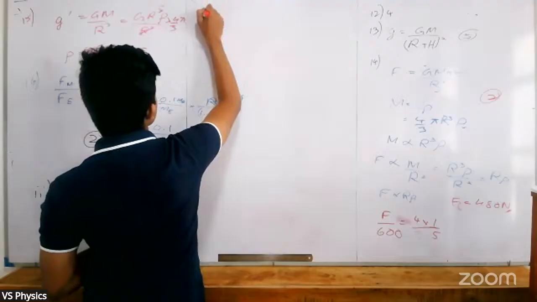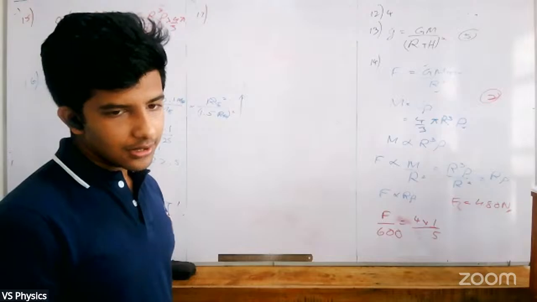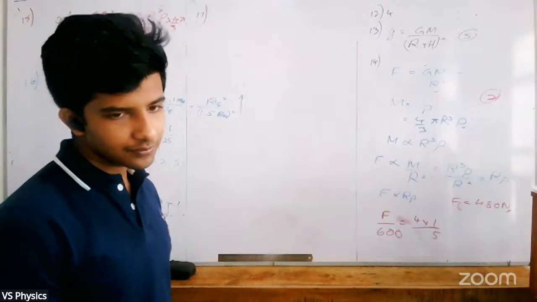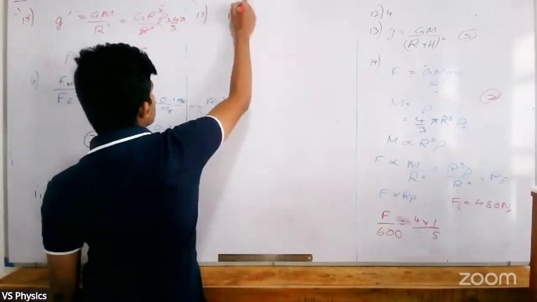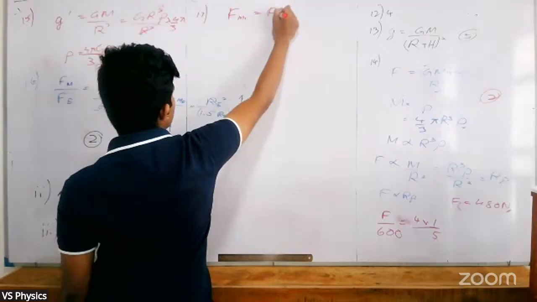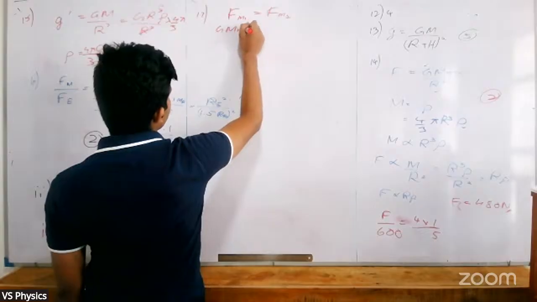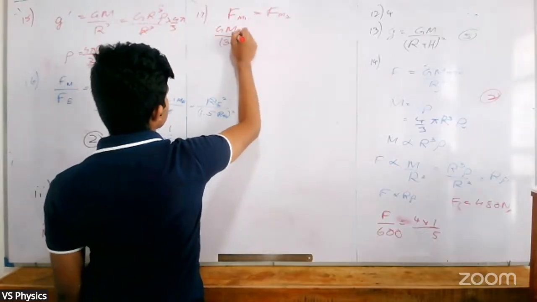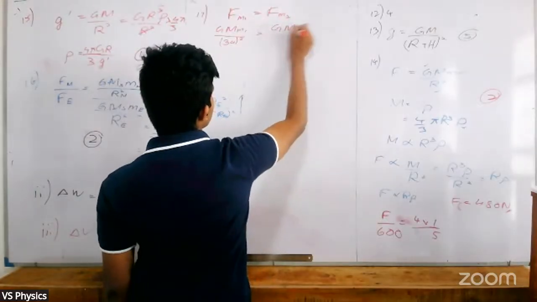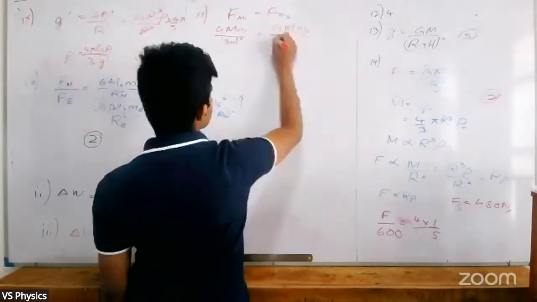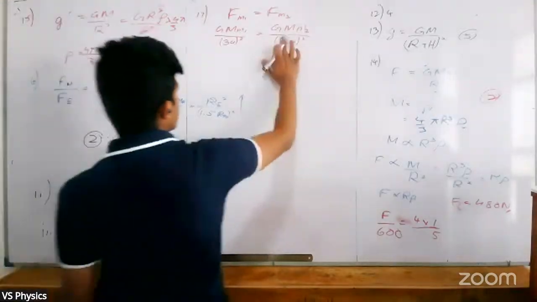Yeah, 17th question. We can say force by M1 is equal to force by M2 initially. Initially, force by M1 is G M m1 divided by (3a) squared, which is equal to G M m2 divided by (2a) squared.